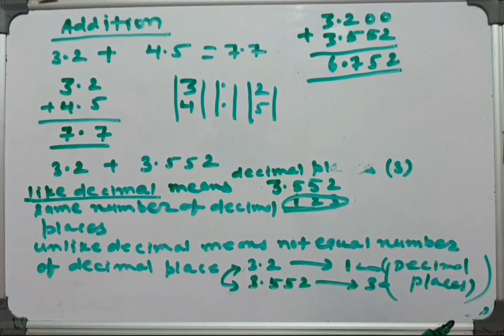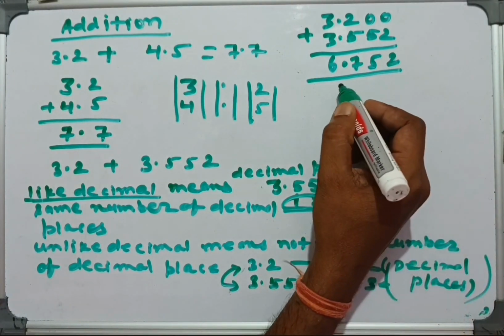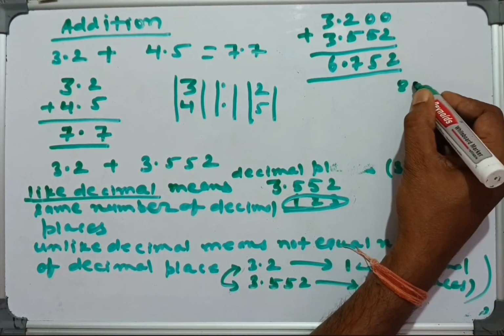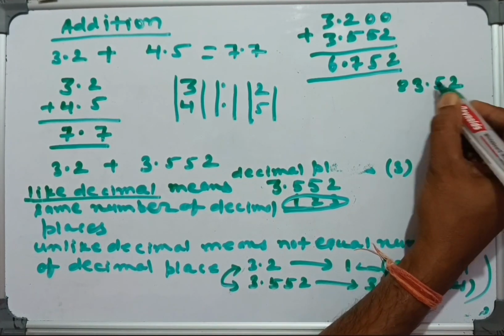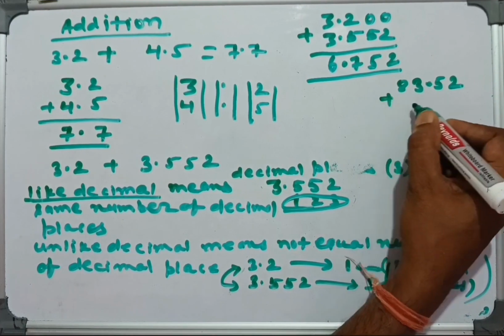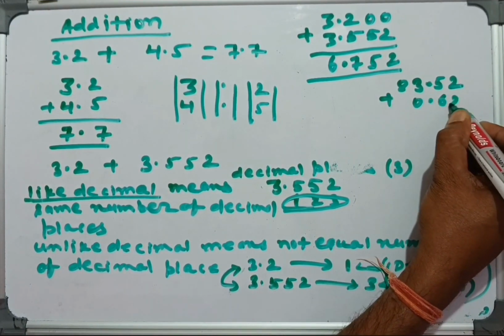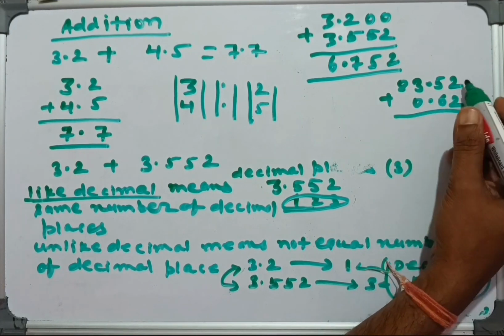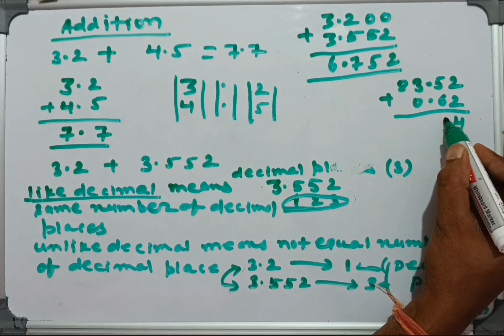See, and another example, suppose this is a 1 decimal number. You have to add this number. So this is 2 plus 2 equal to 4. This one is 1.